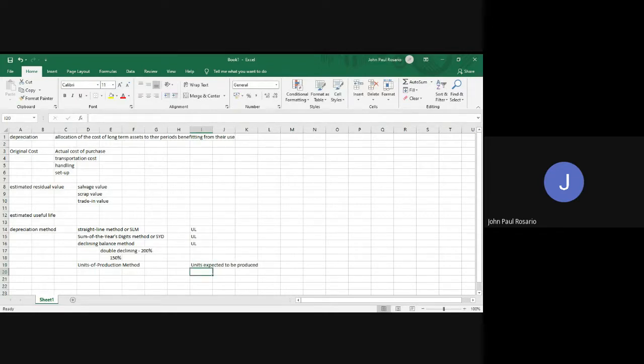And when it comes to salvage value, is salvage value considered in computing the annual depreciation expense?